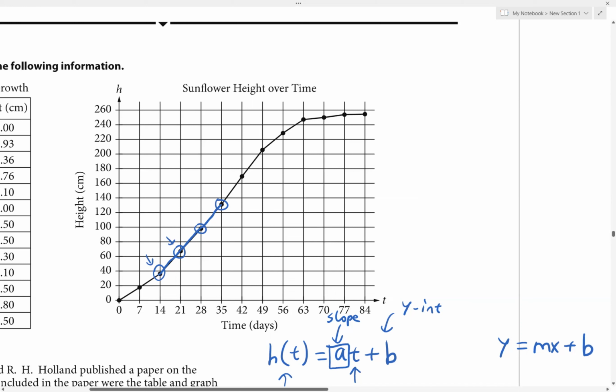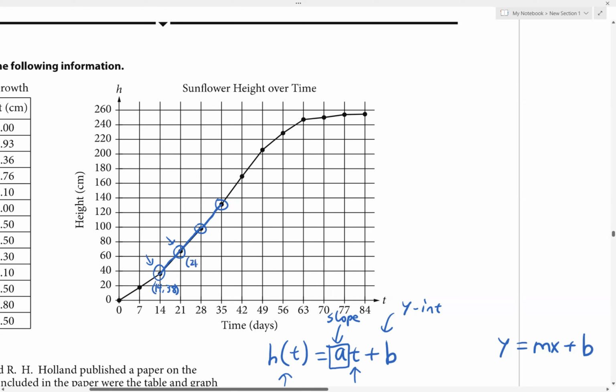The point at 14 is a little bit less than 40, so I would say it's like 38 maybe. Okay, 14 comma 38, that's what we pick. And then at 21 it's a little bit less than 70, maybe 68.